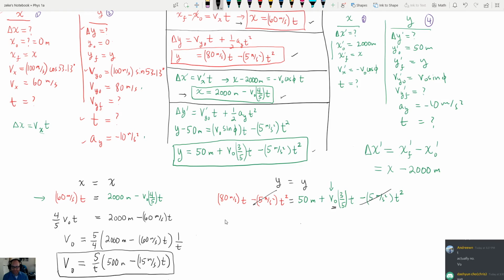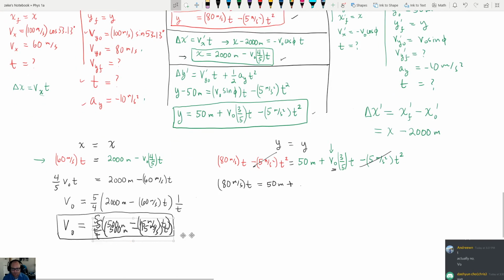So what we have is 80 meters per second times the time is equal to 50 meters plus the initial, which is all of this stuff, so that's the initial. All of that, multiplied by 3 over 5t.